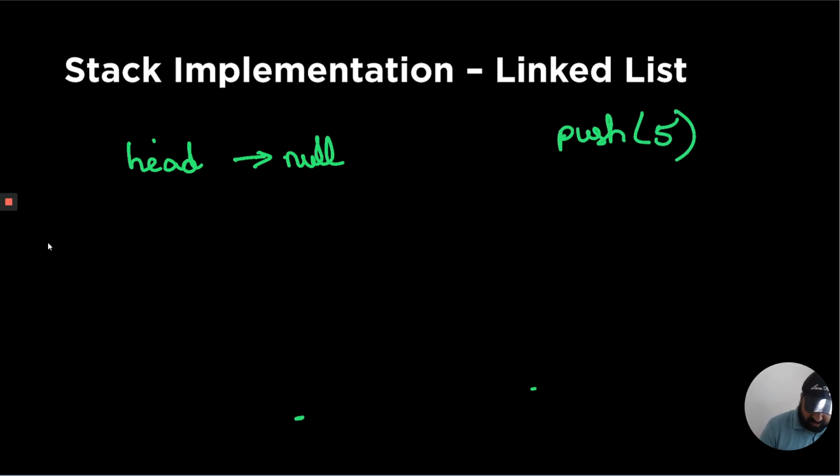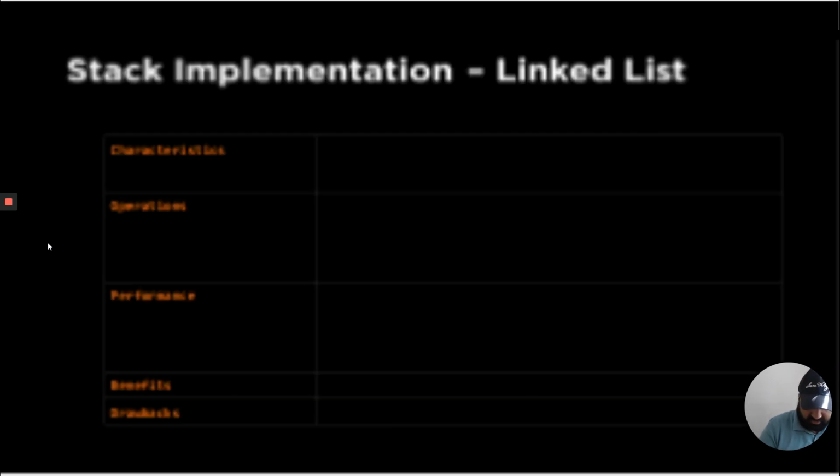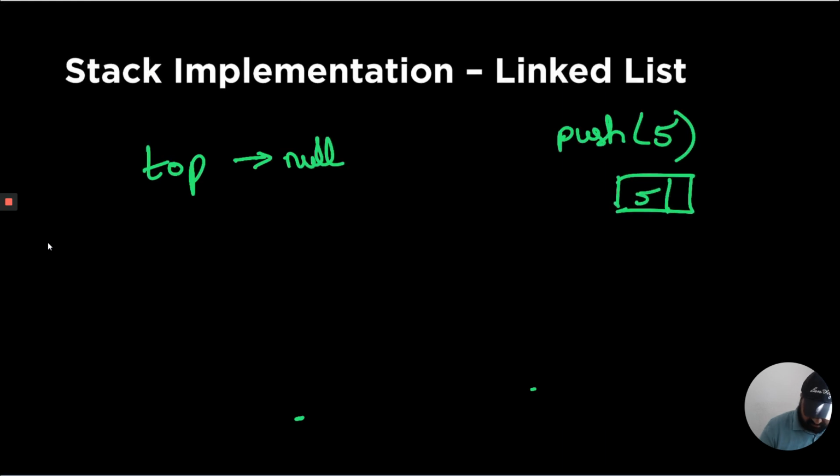So we are going to create a new node 5, and instead of calling this head, let's call this the top. Top and head are the same thing. So whenever we try to insert a new node and the top is null, we are just going to point the top to this new node, which is now 5.